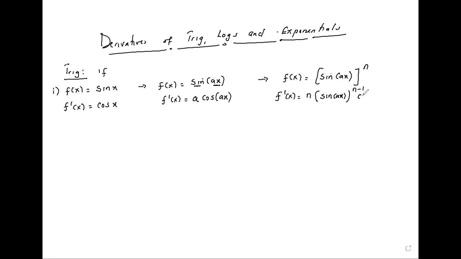You get cos of ax, and then differentiate ax now. So you get a. So that a, I'm multiplying it with the n that is outside here. We are doing this, everything multiplied by a. So that we can write it as n a, and then the cos of ax multiplied by the sine ax to the power n minus 1. So it's extending the chain rule.